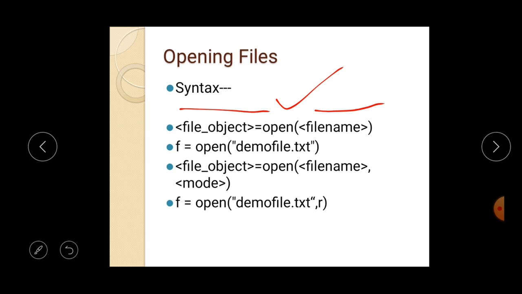So the identifier f will be known as the file handler, because this is the technical term. File handler means it will handle the file during the complete program. After opening a file, you can write in that particular file, you can append to it, you can delete any content, or you can modify any content also.